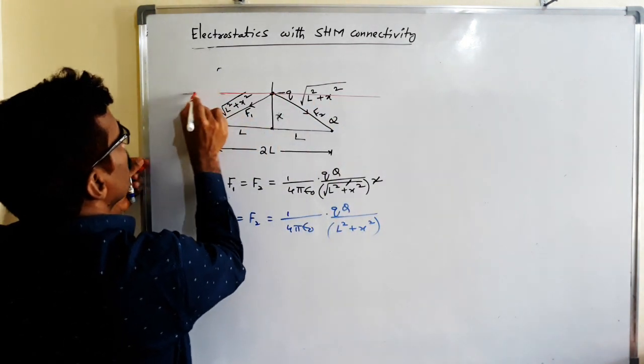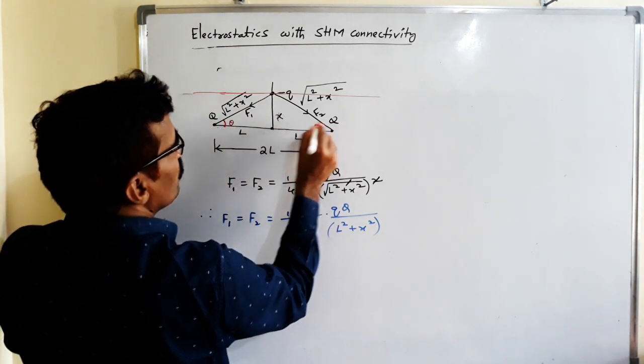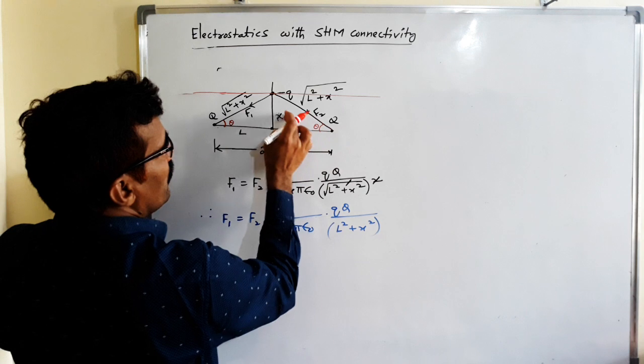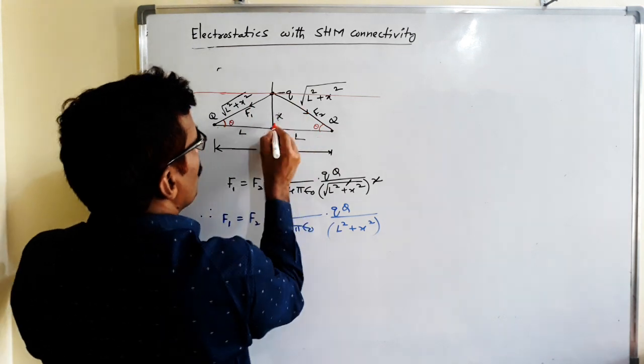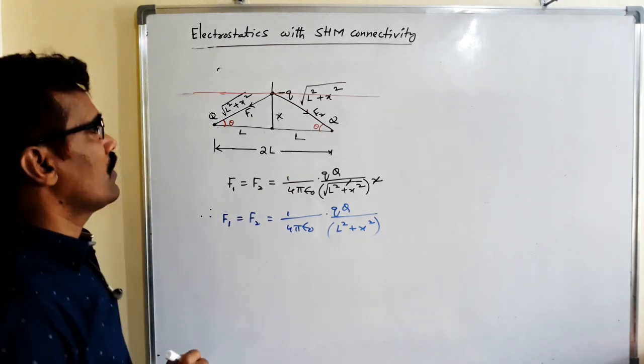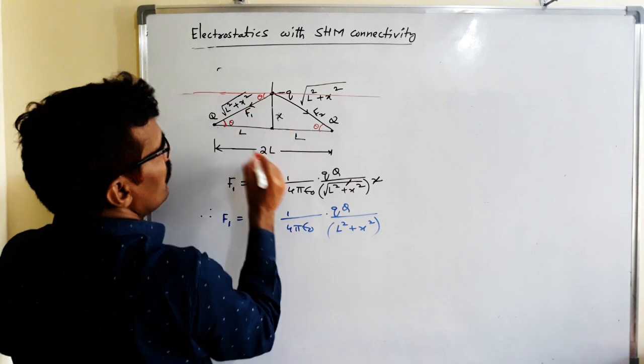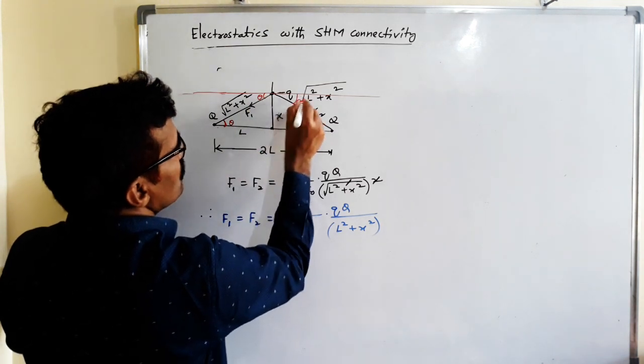Imagine this is theta, and this is also theta. These are similar triangles, with sides x and L. Here this is theta, and here also theta.